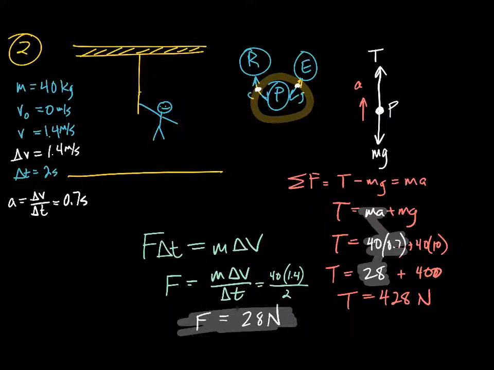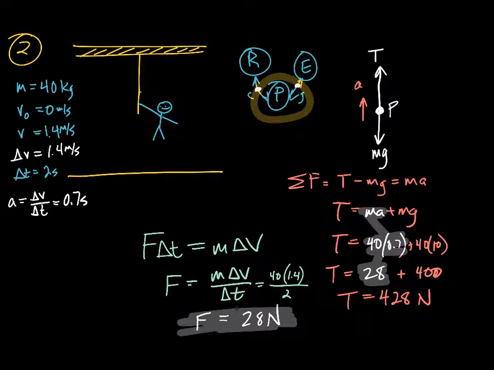The mass of the system is the person's mass. The change in speed of the person was 1.4. It took 2 seconds to do it. And that means that the person's action adds 28 newtons of tension to the rope, but you would be ignoring the tension that's there due to their weight. Okay, so there's a force interaction due to the acceleration of the object in addition to gravity.